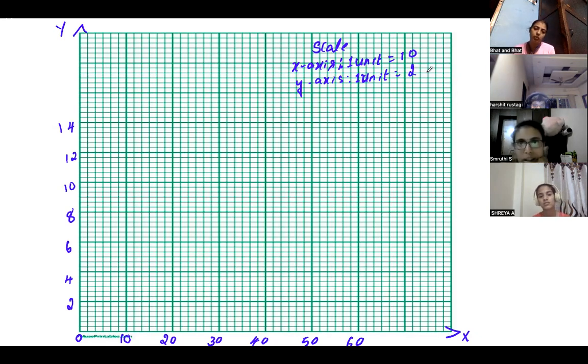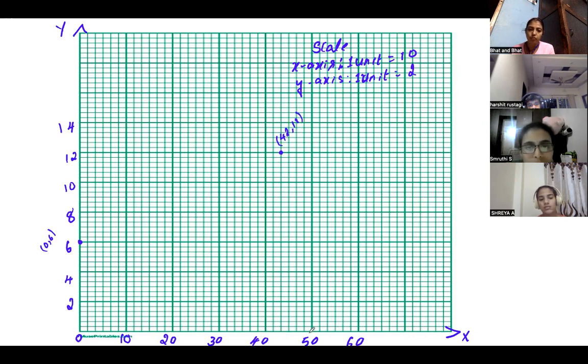Understood? Yes. Now let us plot the graph. First one, 0, 6. So it will be here. Here you have to write the coordinates 0, 6. Next, second point, 42. So this is 42, correct? 42, 12. So 42, 12 here.